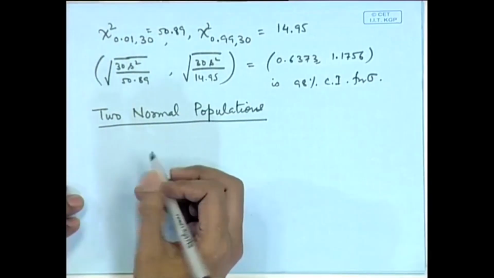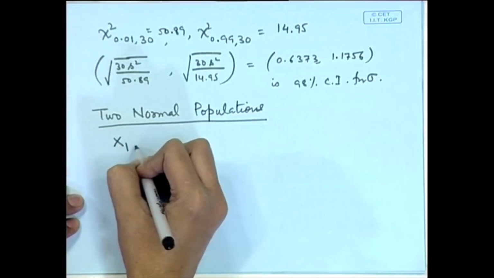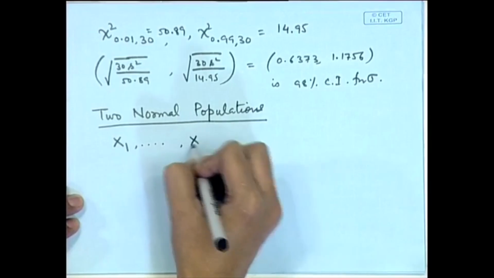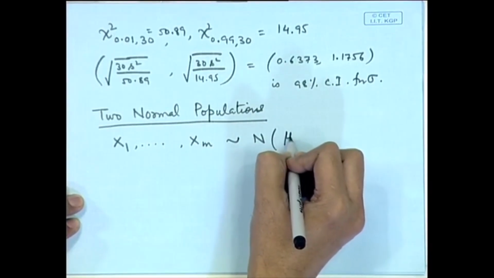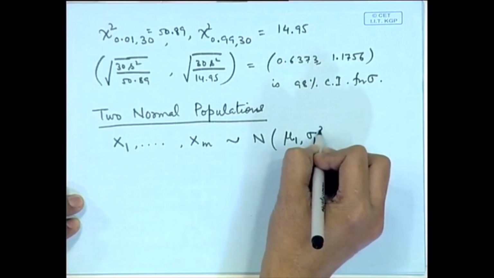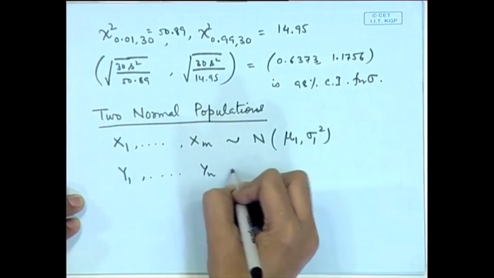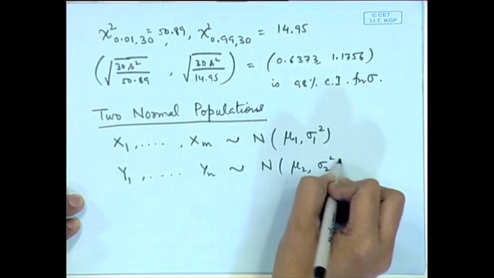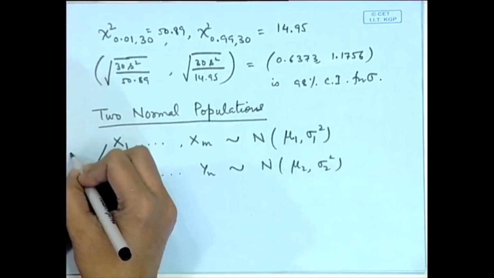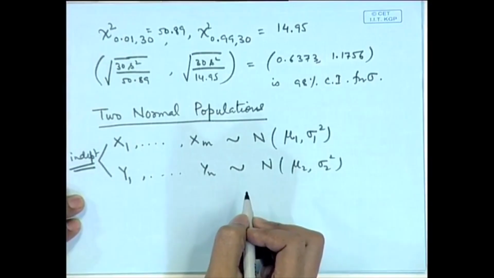So, we may have a different type of models. One could be that I have independent random samples, say x 1, x 2, x m following normal mu 1 sigma 1 square, and y 1, y 2, y n is another sample from normal mu 2 sigma 2 square, and these two populations are such that the sampling is done independently.